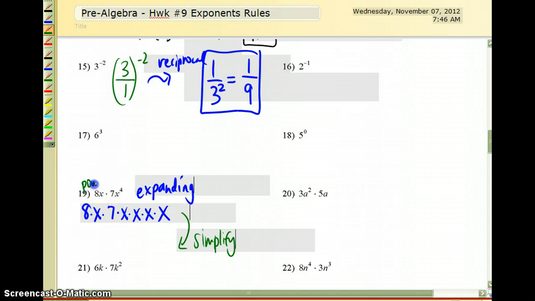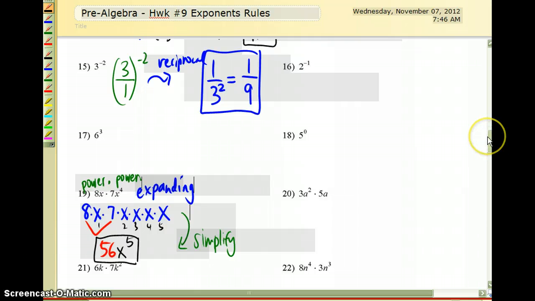Here I have a power, and here I have it times another power, but really to simplify the problem, I just want one power. So I multiply the 8 and the 7 and get 56. I can put all the x's together and get x to the 5th power, because if I count, I have 1, 2, 3, 4, 5 x's, and that would be my final answer. I don't need to write two separate powers, I just get one power as my simplified answer.